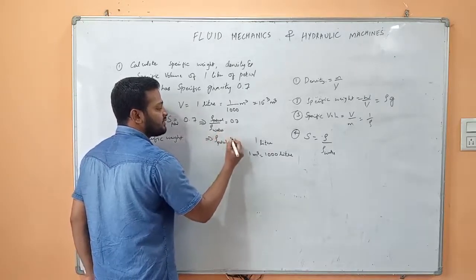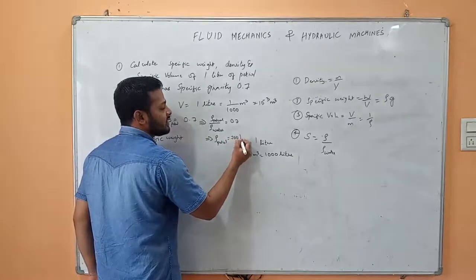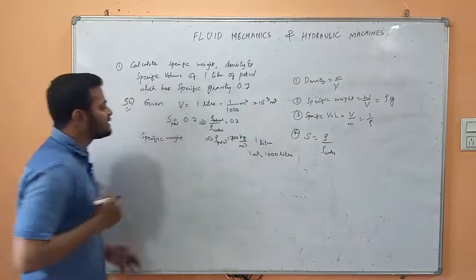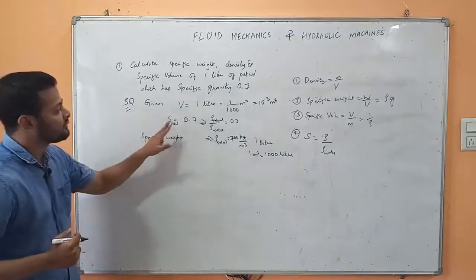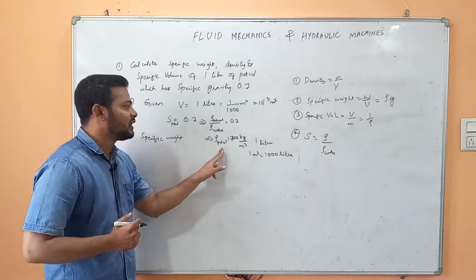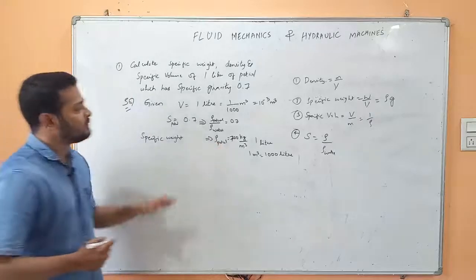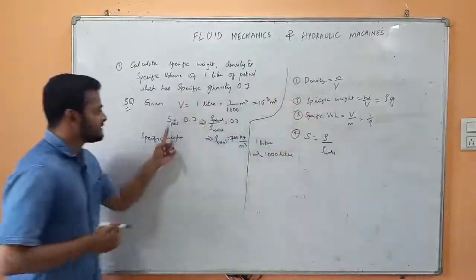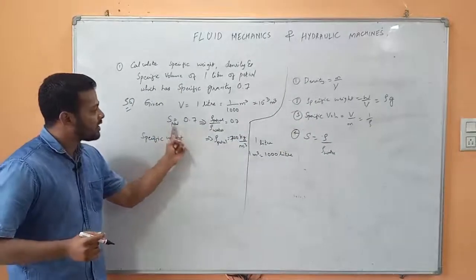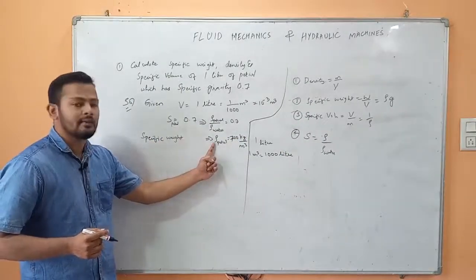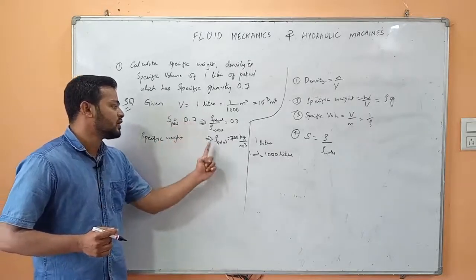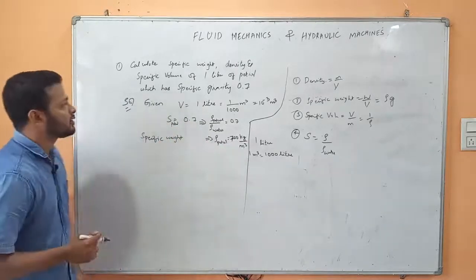So 0.7 into 1000 will be 700 kg per meter cube. So indirectly, whenever he is giving you specific gravity in the question, if you multiply it with 1000, you will get density. Remember this, while solving problems, we will be doing this step a number of times. So whenever specific gravity is given, just multiply it with 1000, you will get density of that matter. So density of petrol is 700 kg per meter cube.